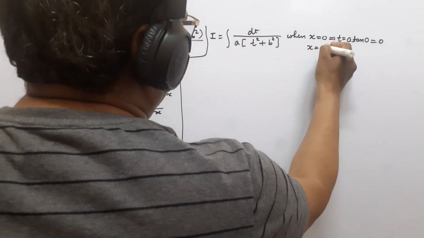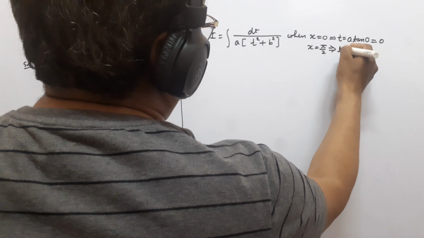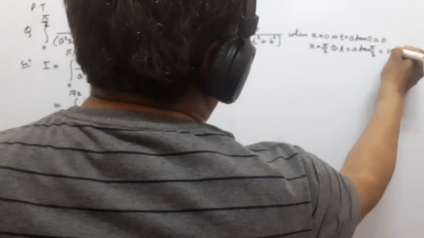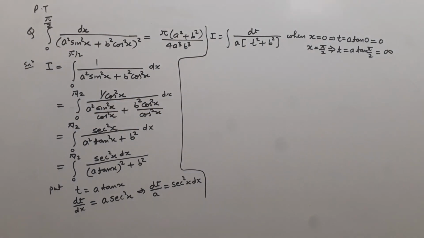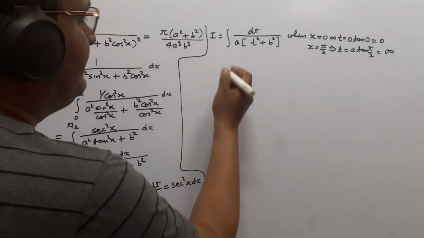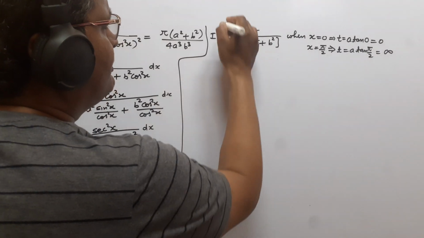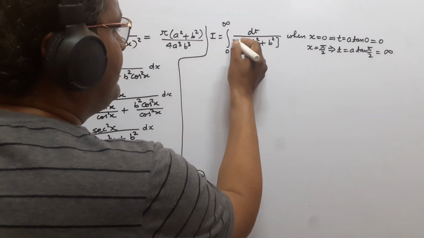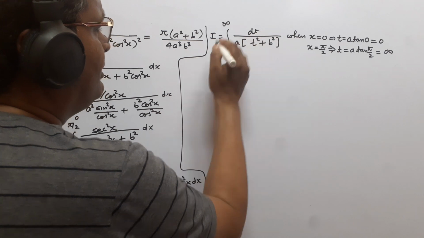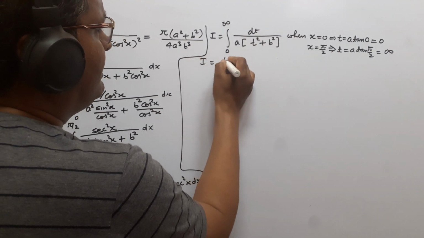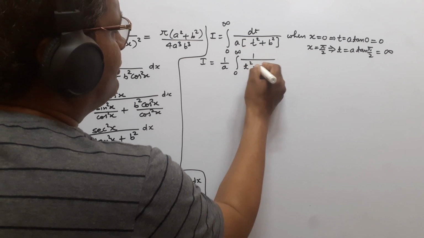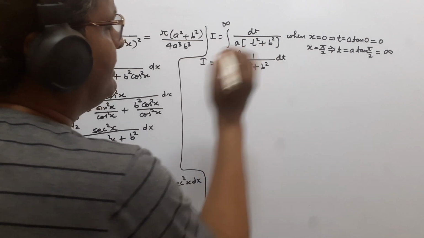When x is pi by 2, t is equal to a tan pi by 2, and we know that tan 90 is infinity, infinity multiplied by a is infinity. So the limit of this integral becomes 0 to infinity. We can see that a is constant with respect to t, so it goes outside the integral sign: 1 upon a, integral 0 to infinity of 1 upon t square plus b square dt.